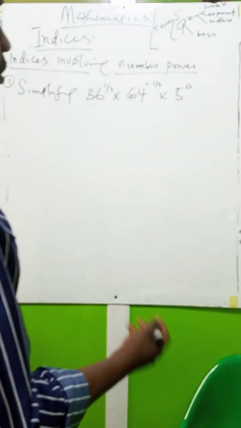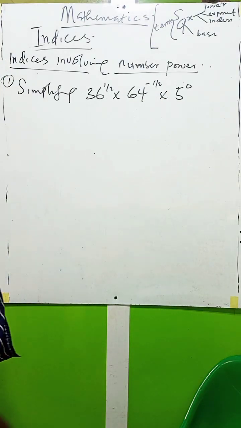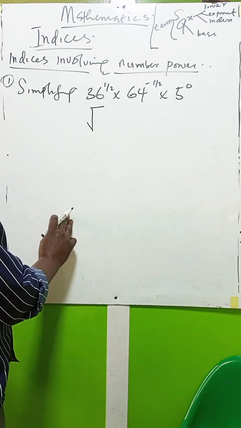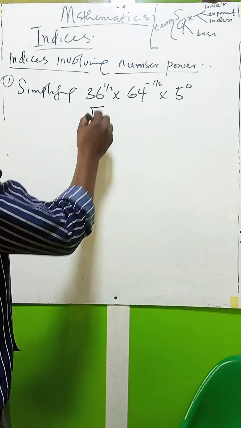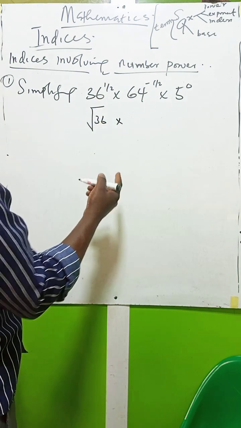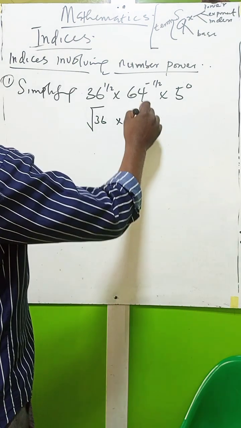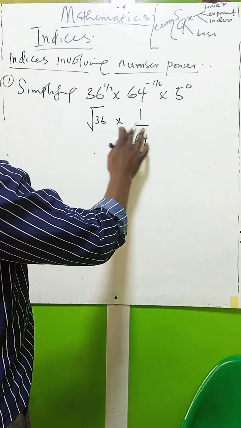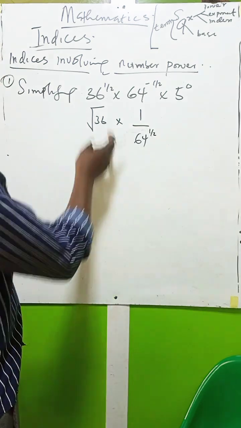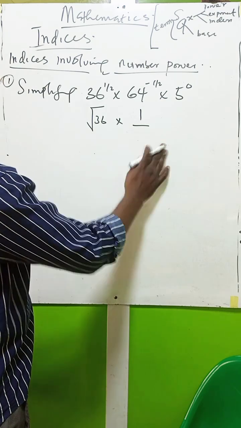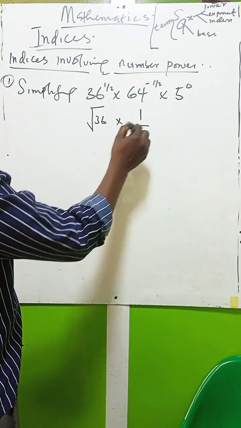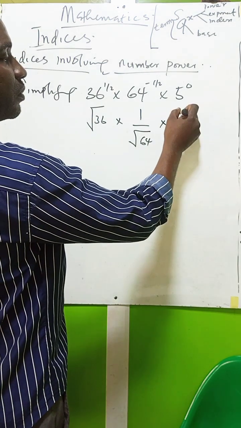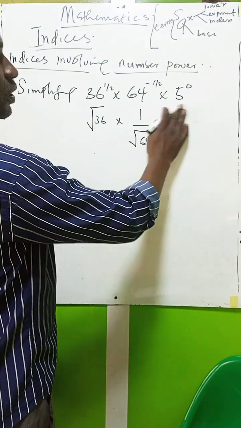Now putting all the laws into consideration here, we have this rule which says that if we have a fractional power, the denominator will root the base. So we have root 36 times 1 over 64 raised to the power half, which will eventually result in root 64 times 5 raised to the power 0, which is 1.